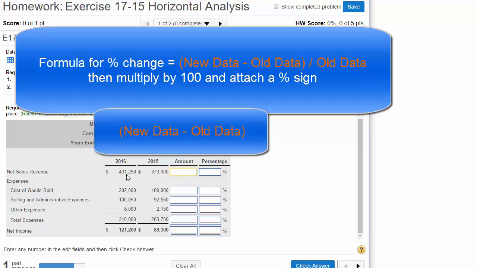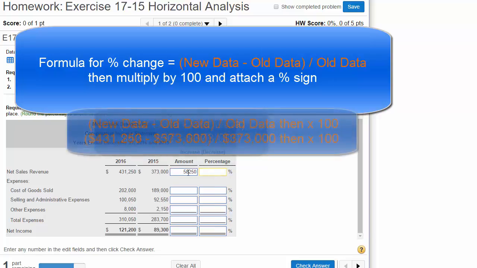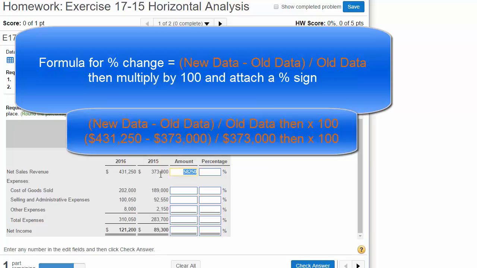In this case, we take 431,250 minus 373,000, which gives us 58,250. That's new minus old. To calculate the percentage change, it's new minus old divided by old. So we take 58,250 divided by 373,000 and multiply that by 100 to convert it to a percentage.